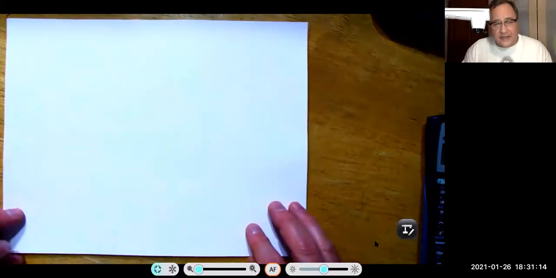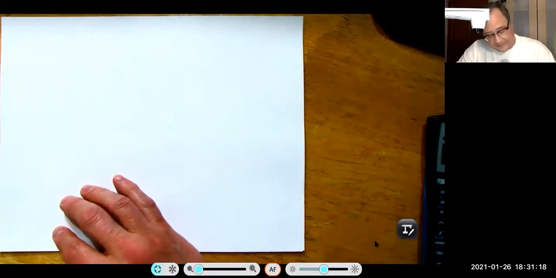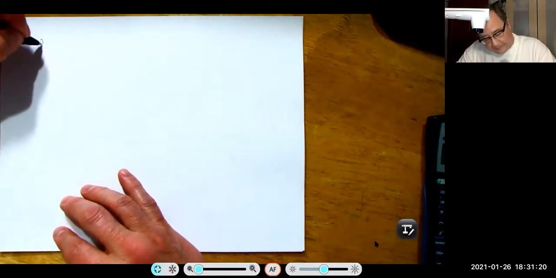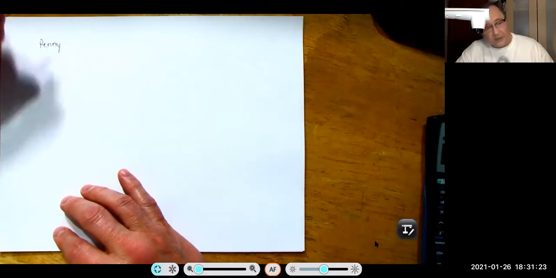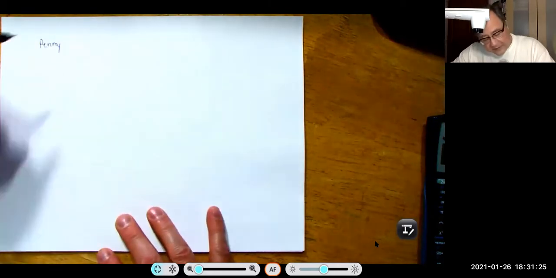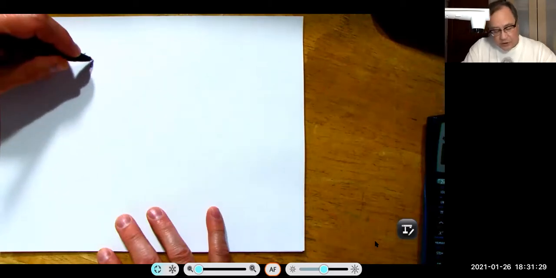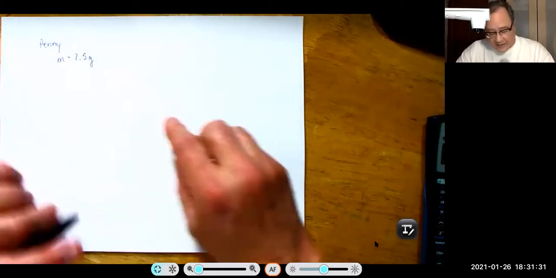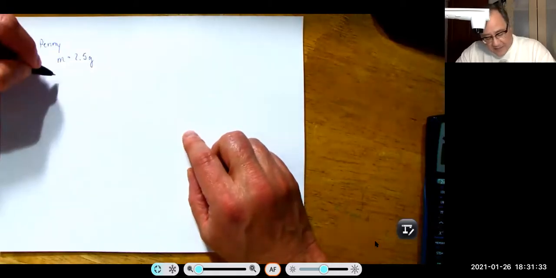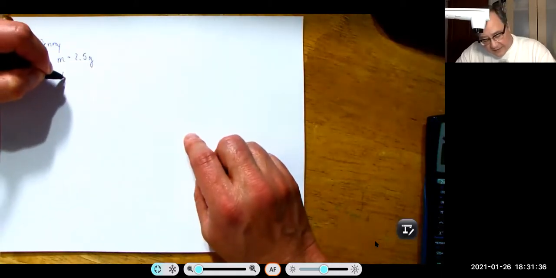So let's look at the calculations for the penny. So let's say that we have the mass is 2.5 grams. You can do better than that with a balance that I suggested you buy.